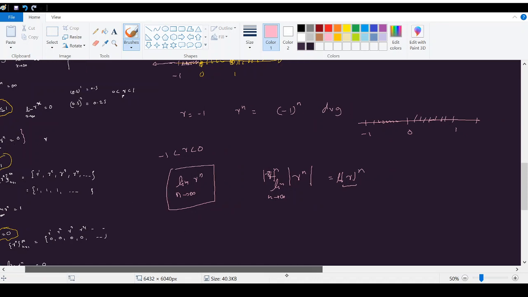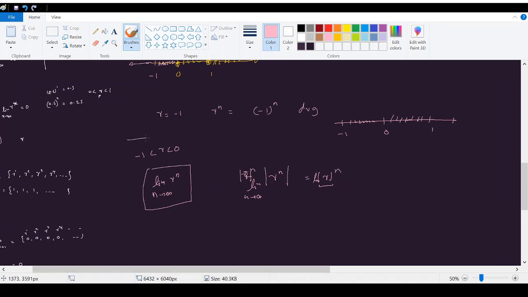So when r is greater than -1 and less than 0, the limit of the modulus of r to the power n is equal to 0, because this is a term between 0 and 1.